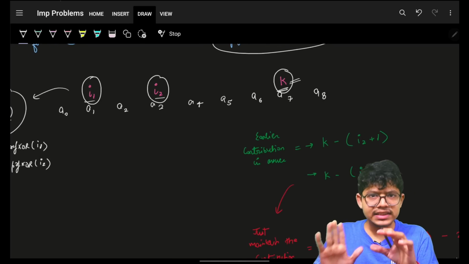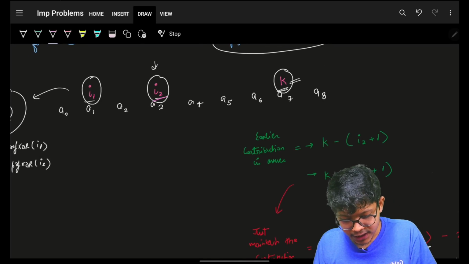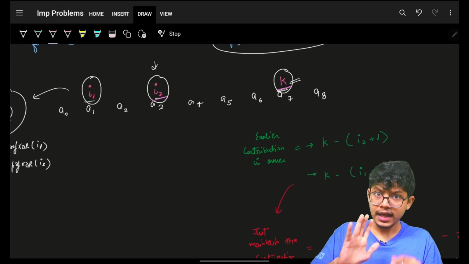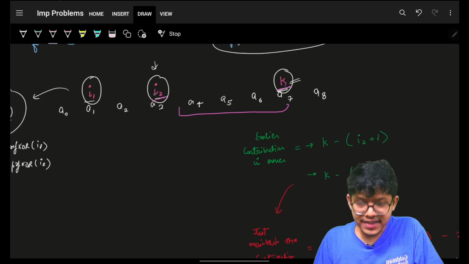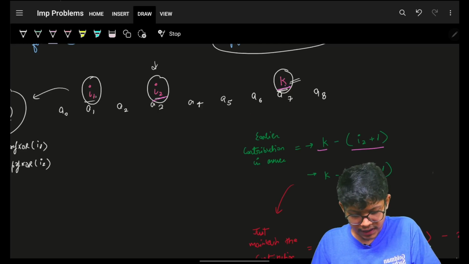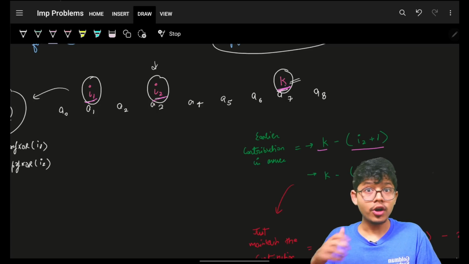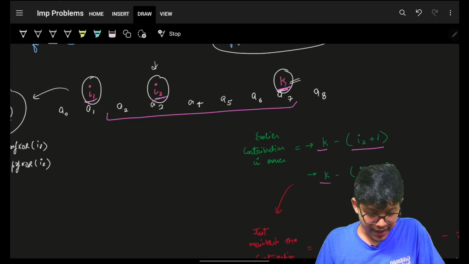If I asked individually by the above method, if I2 and K have the same prefix XOR, the contribution in the answer will be K minus I2 plus 1. If I1 and K were there, the contribution in the answer will be K minus I1 plus 1.